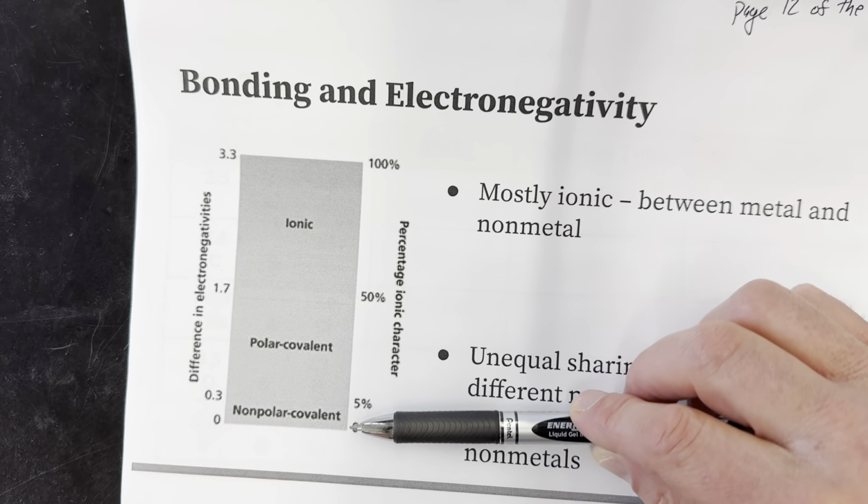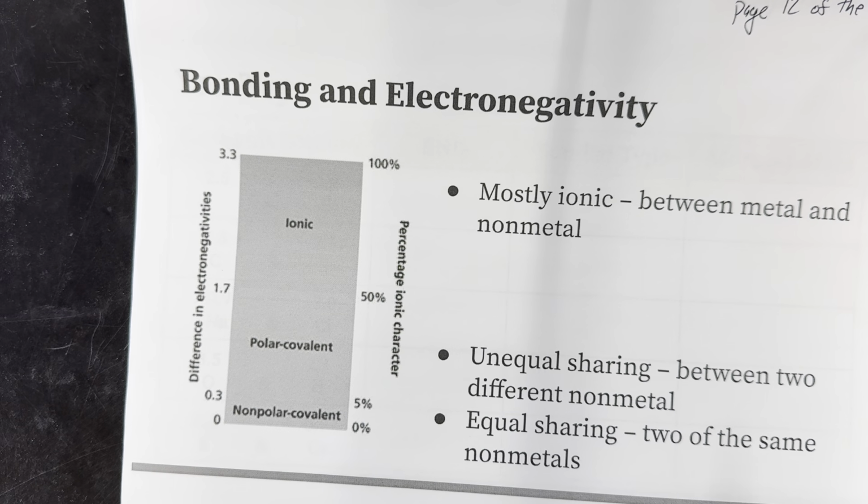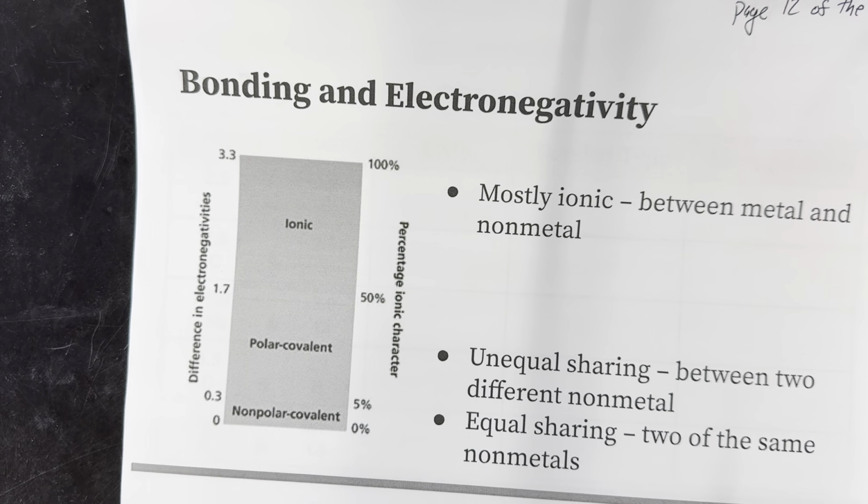But the reality is that the larger the difference in electronegativity, remember difference means we're subtracting, the more ionic the bond is going to be. If it is a large electronegativity difference, we can say that the electron is transferred completely. And if it's a very small electronegativity difference, we would say that it's sharing, and the type of sharing would be whether it's polar covalent or non-polar covalent.